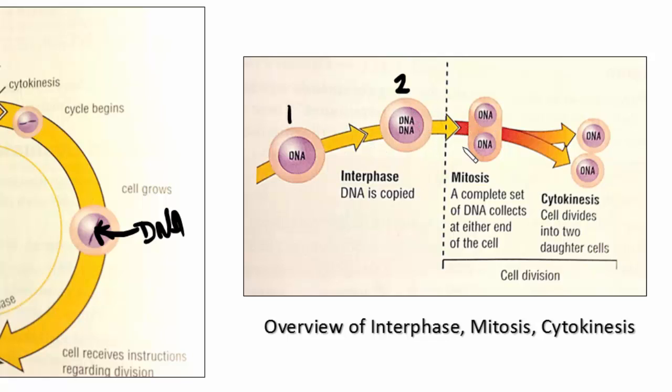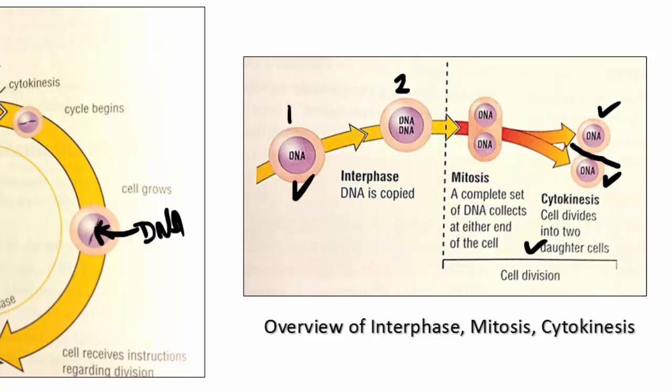Then mitosis occurs, and that cell goes through the division process, and then cytokinesis, which splits them in half, and that is the process of cell division to create two daughter cells, and both of these will have one DNA in this case, the same as the parent had. All right, so there's a little overview of interphase, mitosis, and then cytokinesis.